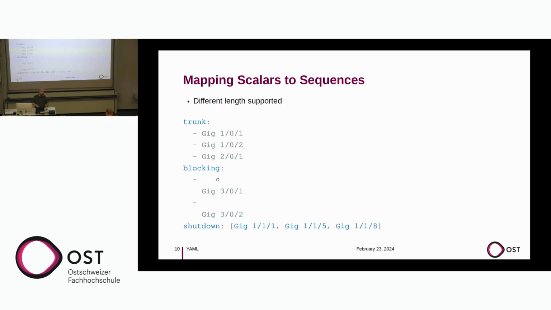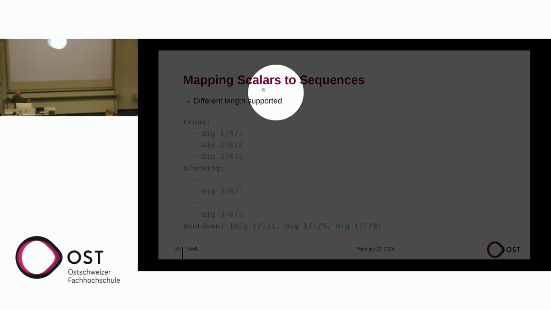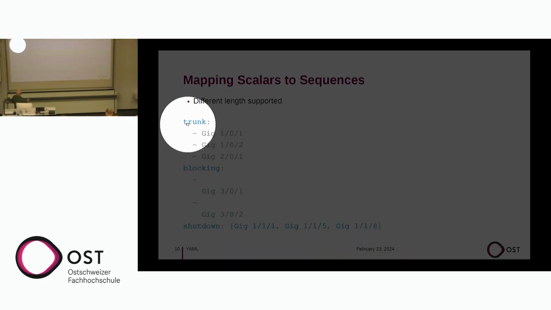And of course we can now have some combinations. We can have a mapping of scalars to sequences, so we can also have a sequence in a map. There are different ways to write it, with spaces, without spaces. We could also have the indent directly here without two spaces.